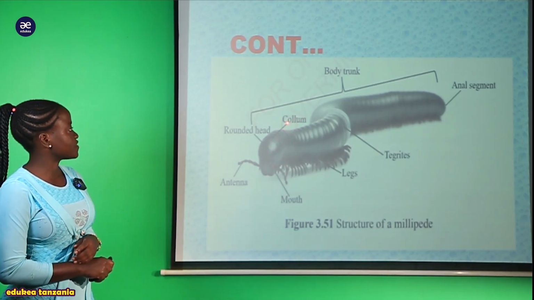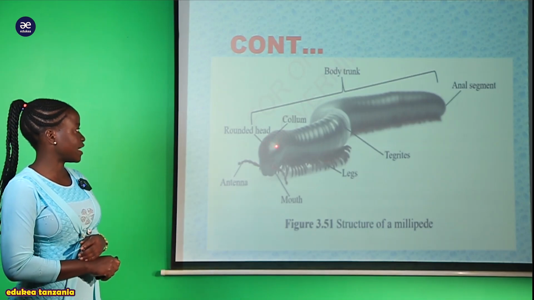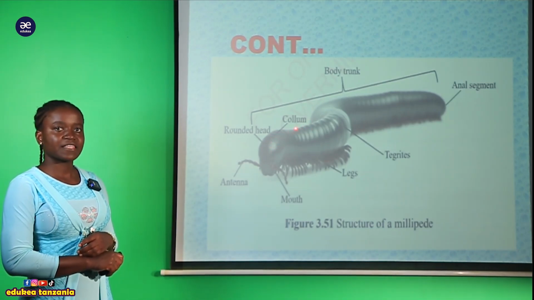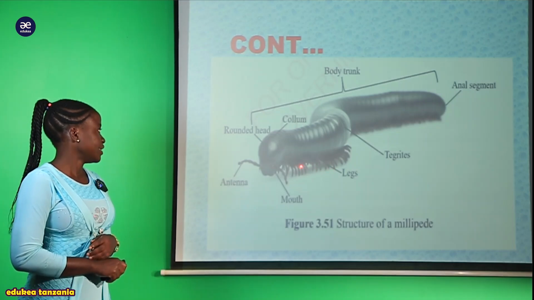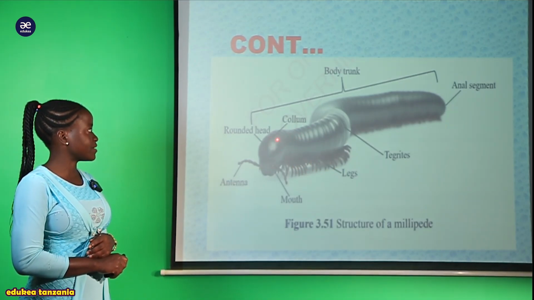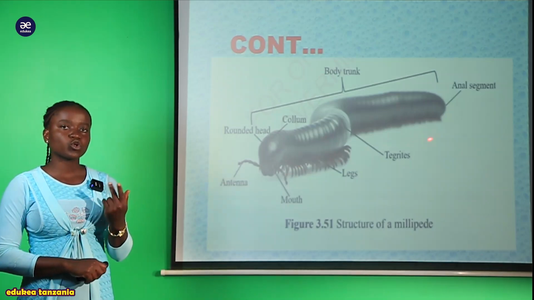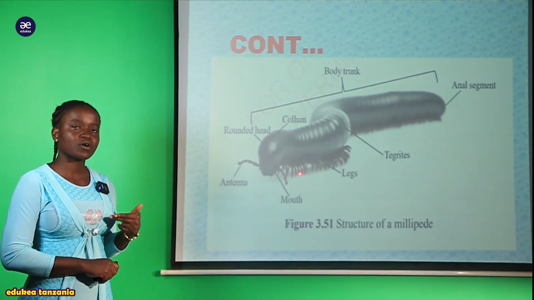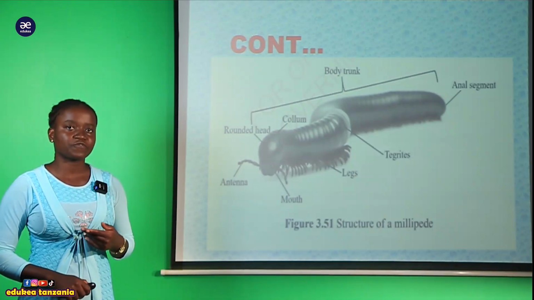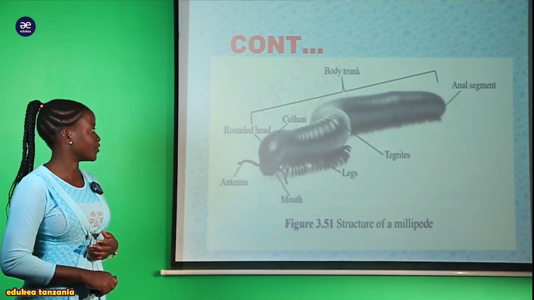Thereafter now you can see this collum. This one after the head we have this structure inayofuata inaitwa the collum. And now you can see in each segment, yani kwa mfano hapa kwenye hii segment moja kunakuwa na two pairs of legs. So that means that this organism, they contain a lot of legs within their body.